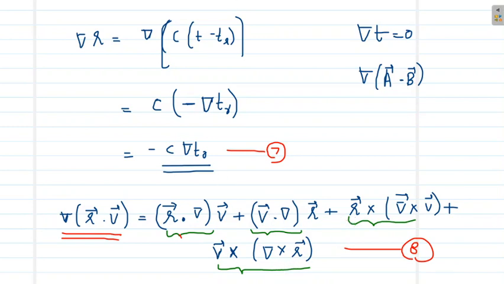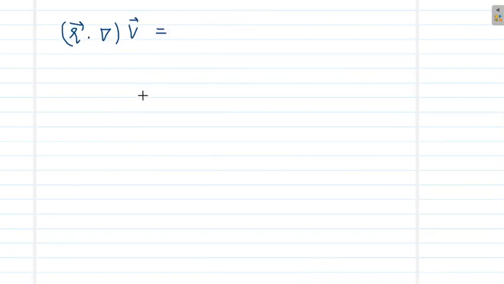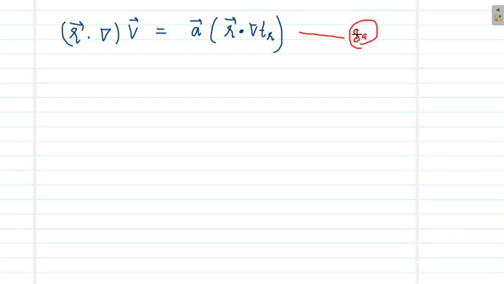So as of now, let me take it for granted that the terms are given as follows. The first term, r bar dot del of v bar, you can find is equal to a bar, where a bar is the acceleration vector, into r bar dot del tr. Let me call this equation number 8a.